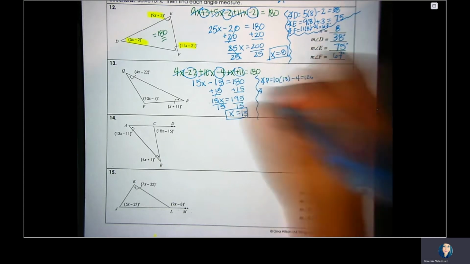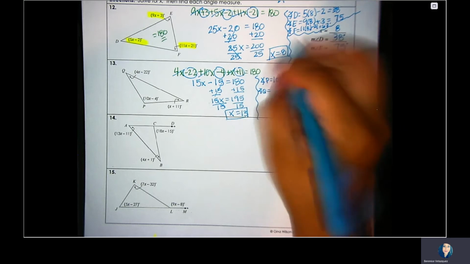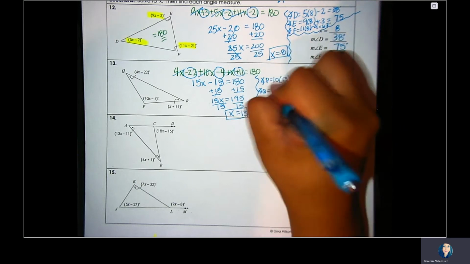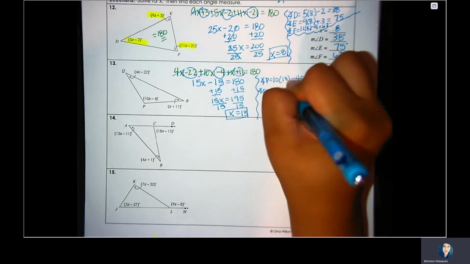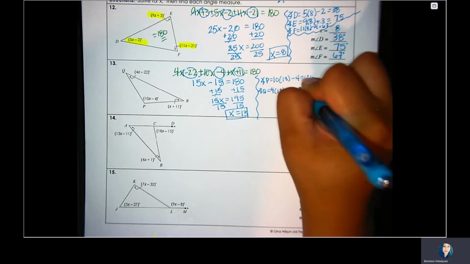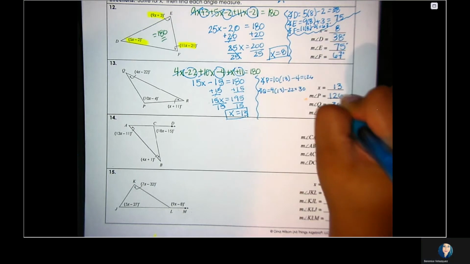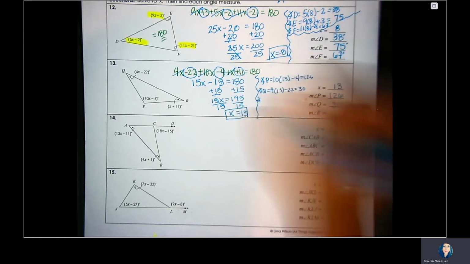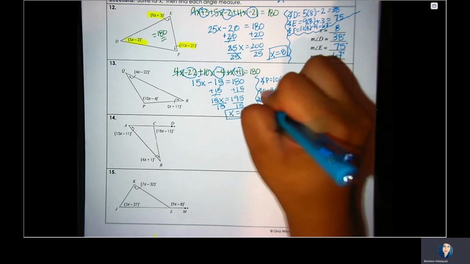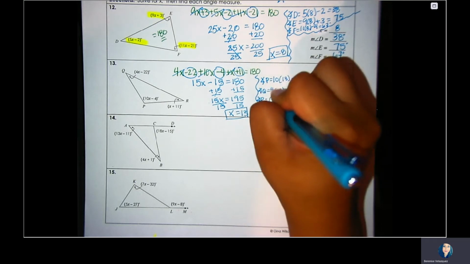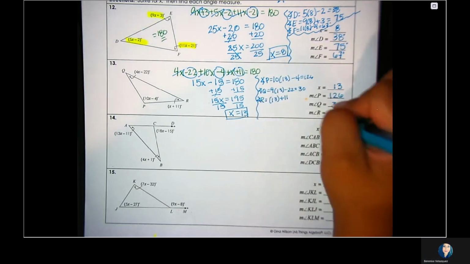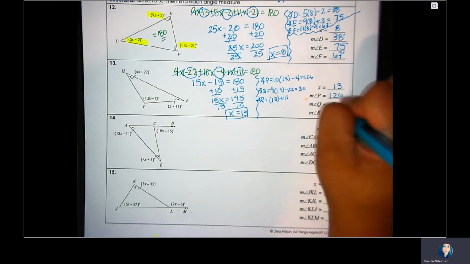Okay, the next one is Q. So again, look at the blanks so you don't accidentally put them in the wrong one. 4 times 13 minus 22. Put that in my calculator and I get 30. Okay, and the last one is angle R. That is 13 plus 11. That is 24.